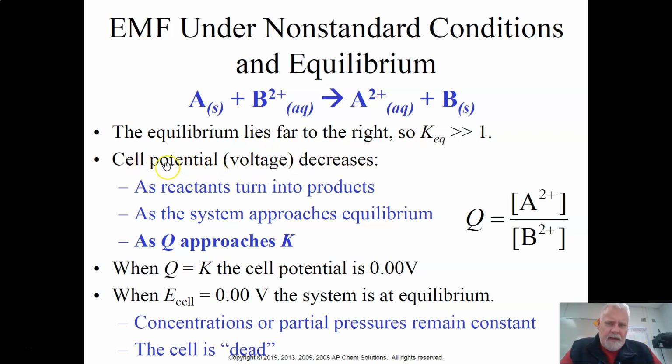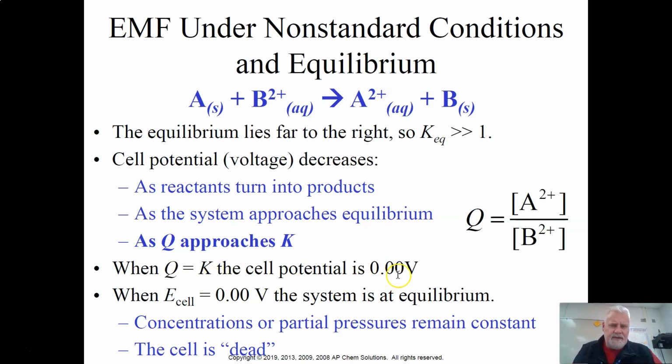So the cell potential will decrease. Highlight that. It decreases as reactants turn into products and as the system approaches equilibrium. When that happens, Q equals K. That's that rare case where we're right spot on at equilibrium.